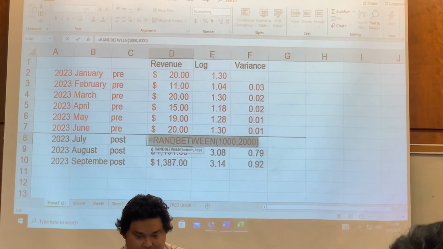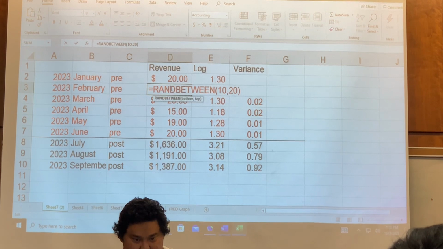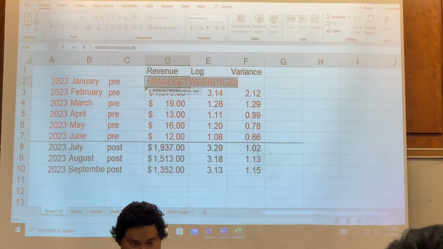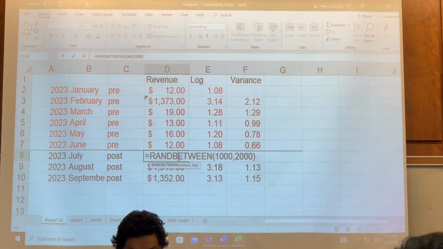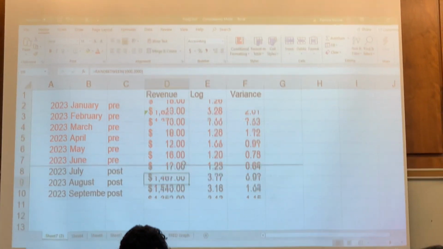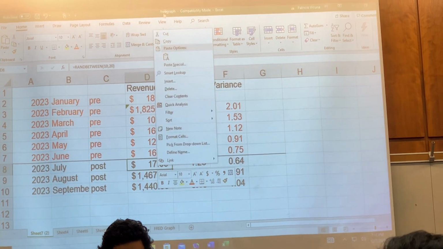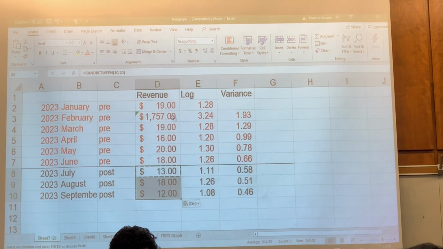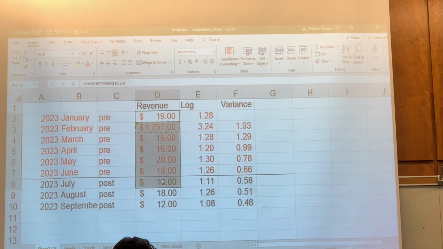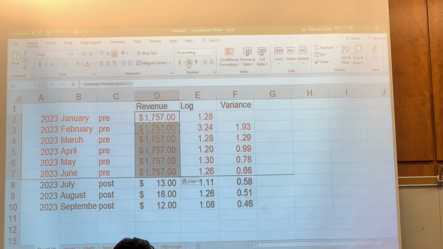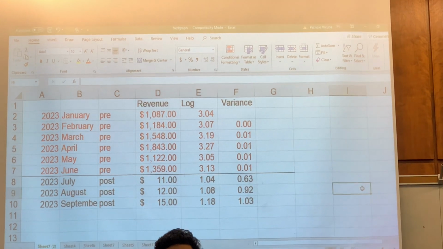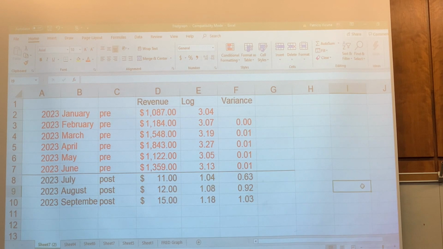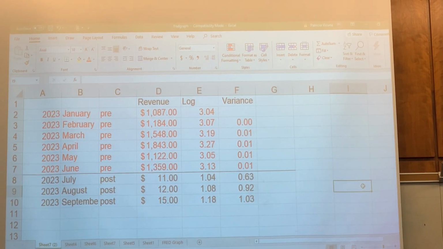But here, look at this. My variance is equal to 1.